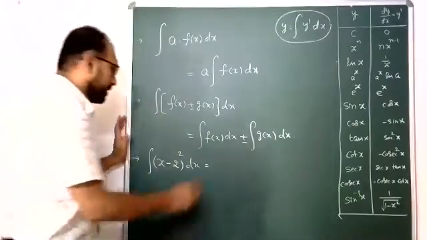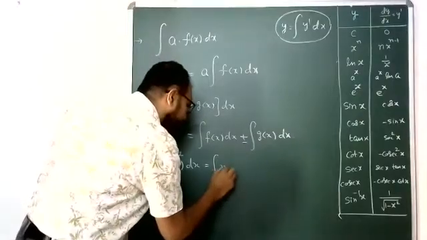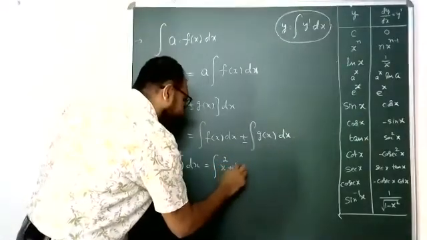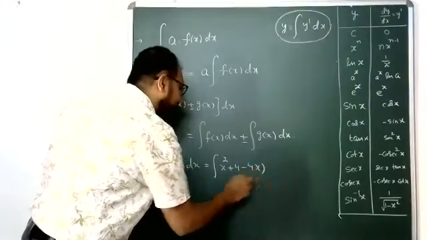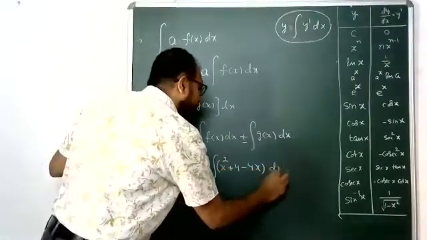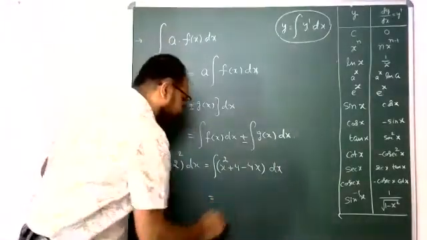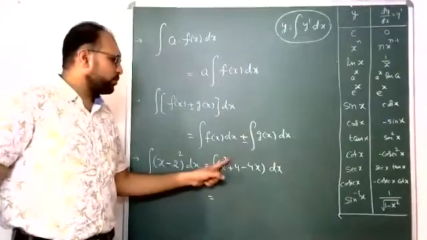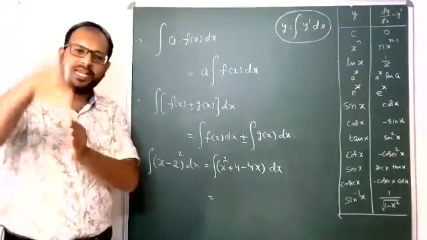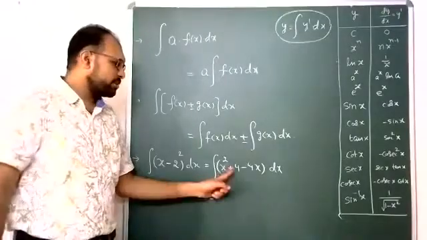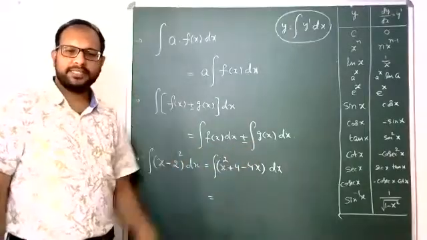The integral of x minus 2 whole square, that is x square plus 4 minus 4x, into dx. Yes, so students, here x square is just like f of x, separate. First calculate the integral of x square only. Next to that only 4. Next to that minus 4x, separate.